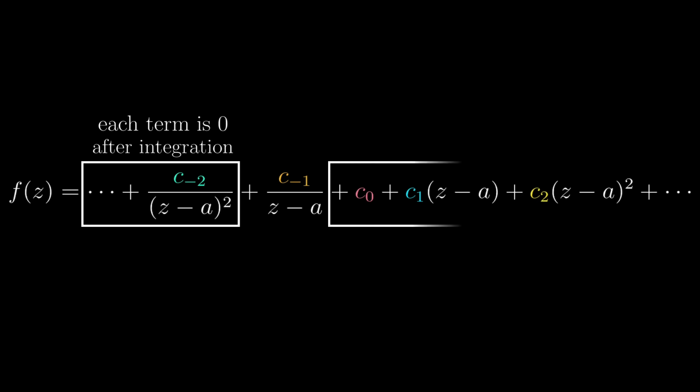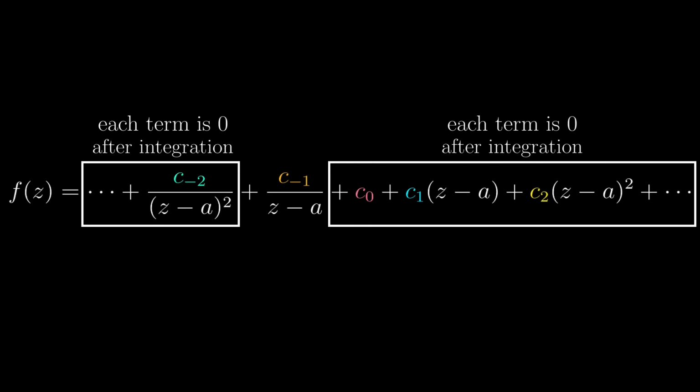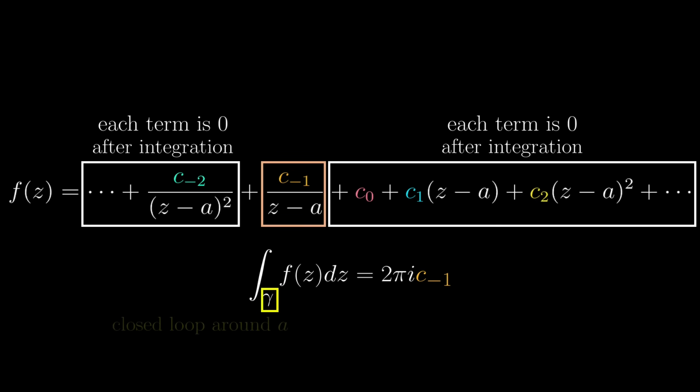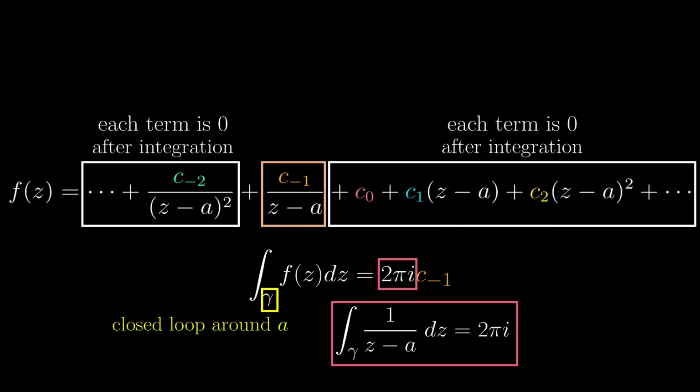And of course, all the non-negative powers of z would give 0 as well. And then we are just left with the -1 power term. And so, integrating f of z would be 2 pi i times that -1 power coefficient, where gamma here is just a closed loop around A, and the 2 pi i is that most important integral.